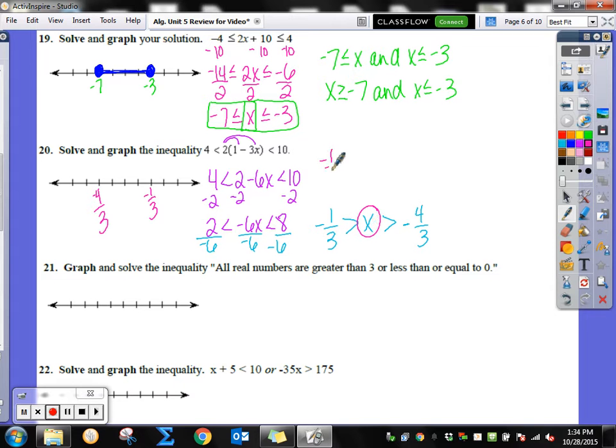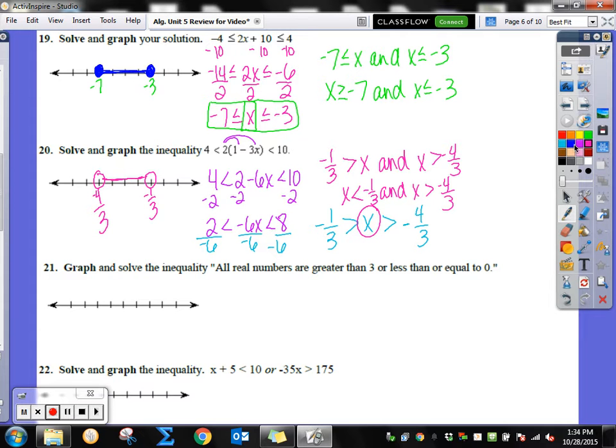So negative 1/3 is greater than x, and x is greater than negative 4/3. When I rewrite, it's pointing towards the x. Now we can graph, so x is less than 1/3, and then x is greater than negative 4/3.